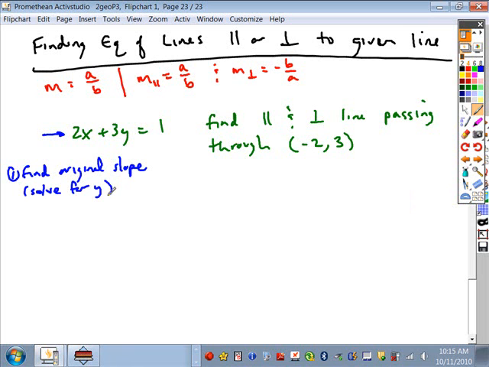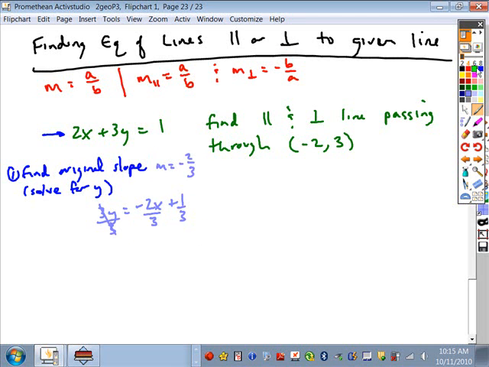The slope is going to be the coefficient of your x term. So if we solve for y right here, okay, we get 3y is equal to, we subtracted a 2x from both sides, and then divide by 3. So we find that our original slope is equal to the coefficient of x, negative 2/3.